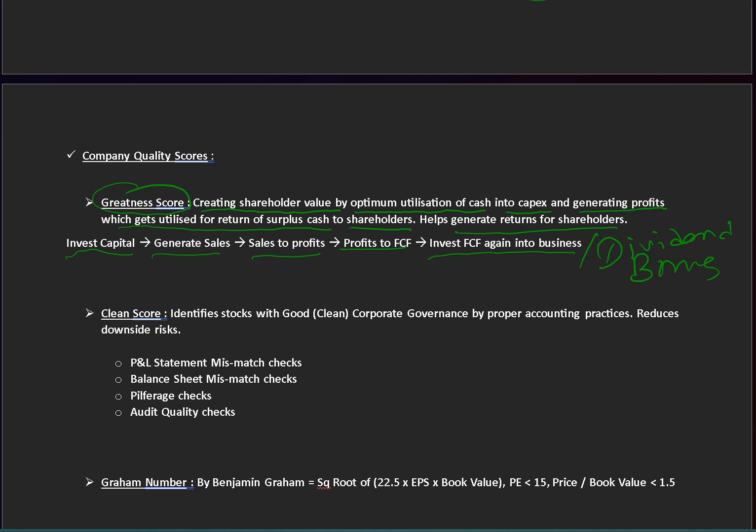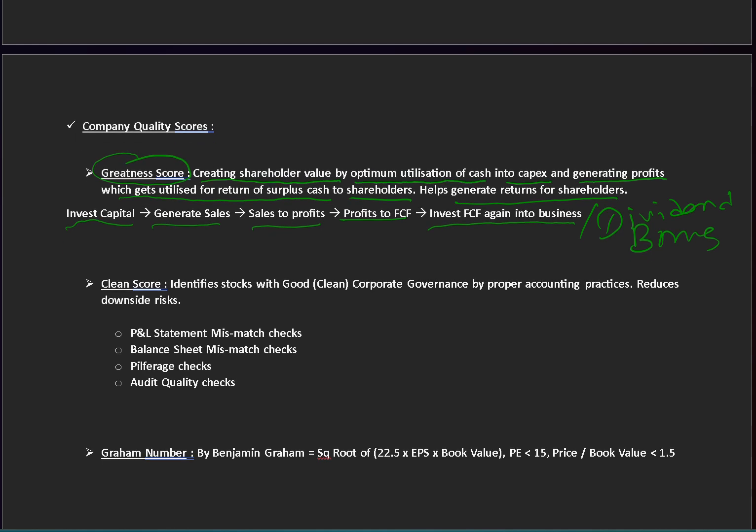And let's see the clean score. Now this clean score identifies stocks with clean corporate governance and proper accounting practices. This is very useful because it reduces our downside risk. This protects the capital and protects us from the downside risk.